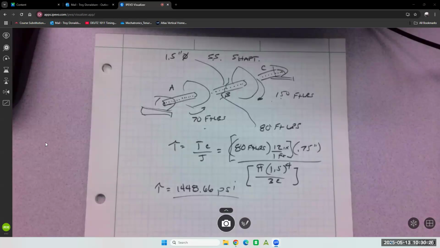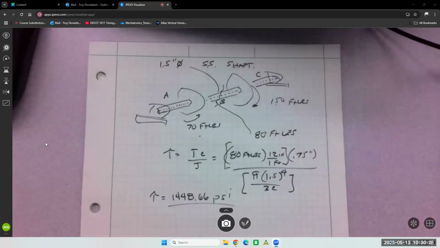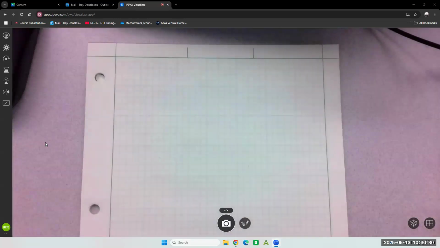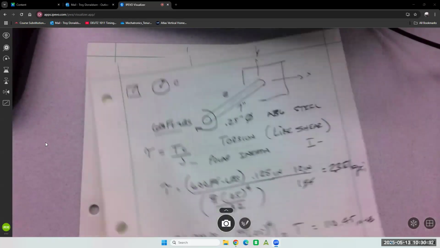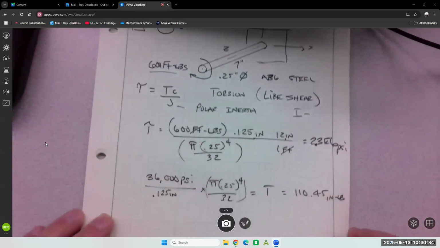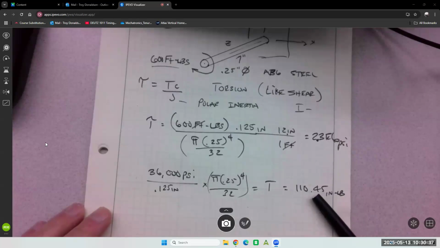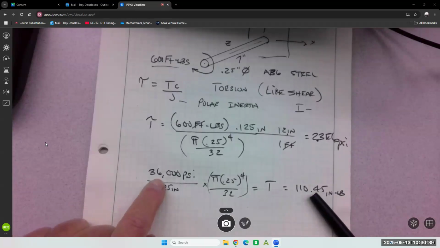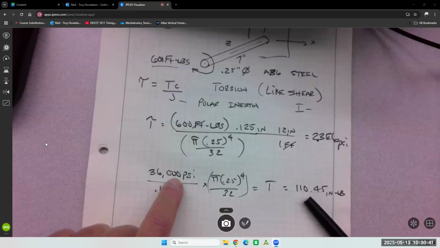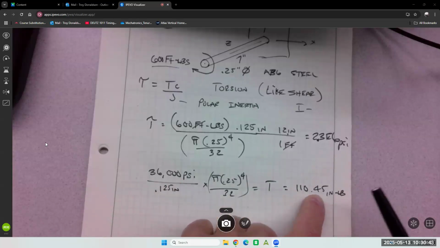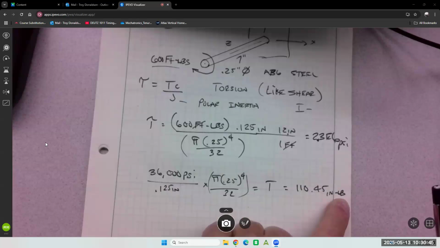Good? All right, so let's go back to the one that we did here, where we calculated how much it would take. All right, so we put in the yield, 36,000. Calculated the torque at 110.45 inch-pounds.